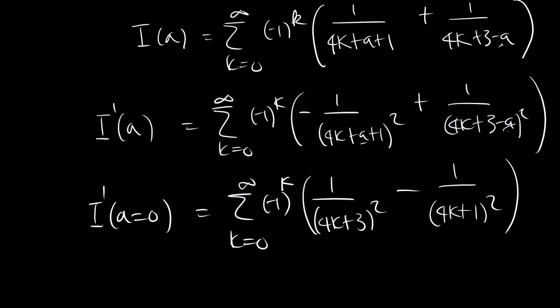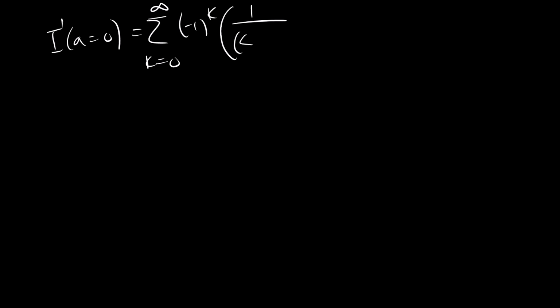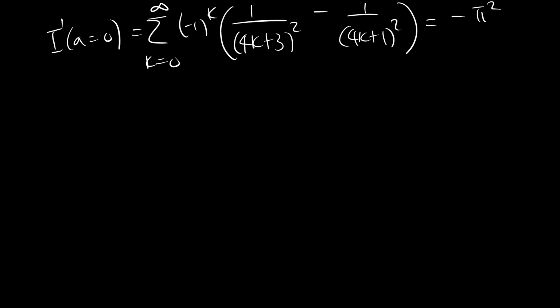So what we have seen is that this series is equal to what we showed previously. We have shown that this is equal to the summation from k equals 0 to infinity, negative 1 to the power k of 1 over 4k plus 3 squared minus 1 over 4k plus 1 squared. This is equal to negative pi squared over 8 root 2.